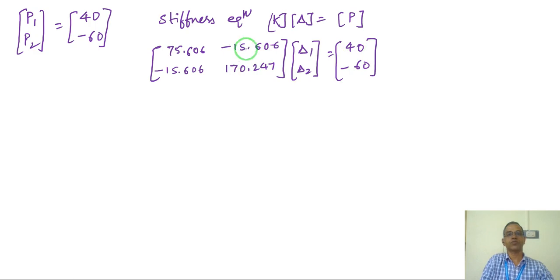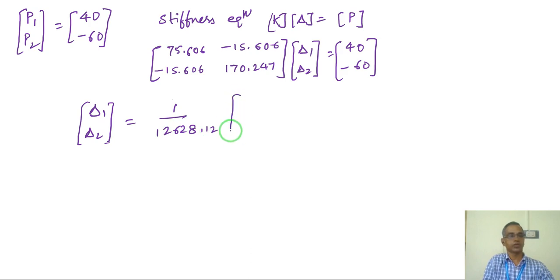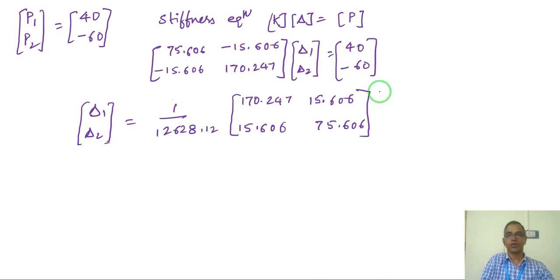So taking the inverse of this K, I can find out the delta 1 and delta 2 as 1 by AD minus BC, which is 1 by 12628.12 into 170.247, 15.606, 15.606 and 75.606, multiplied by this 40 and minus 60.